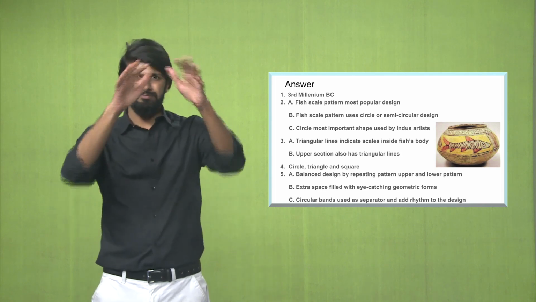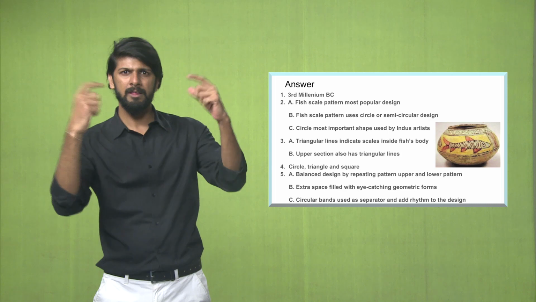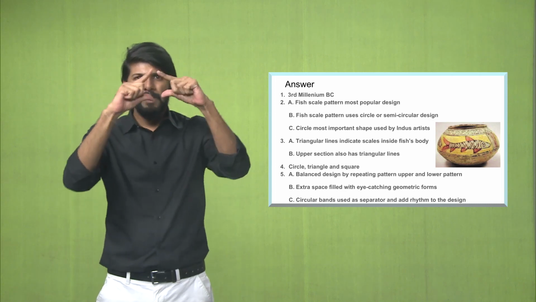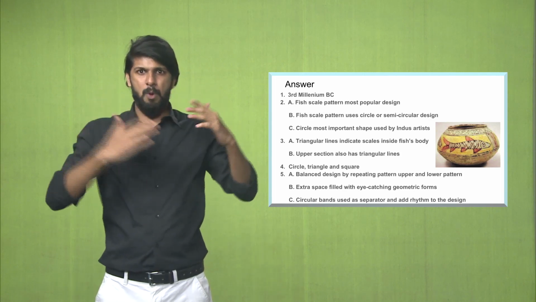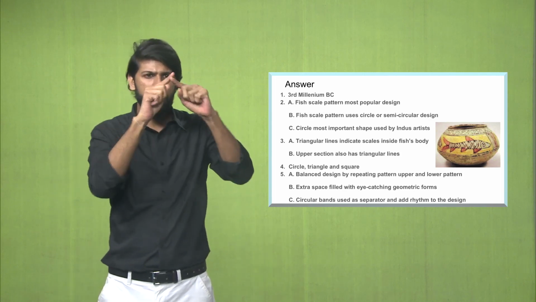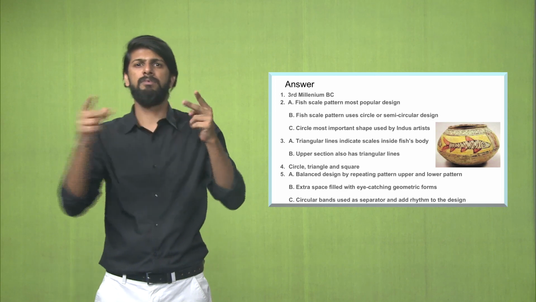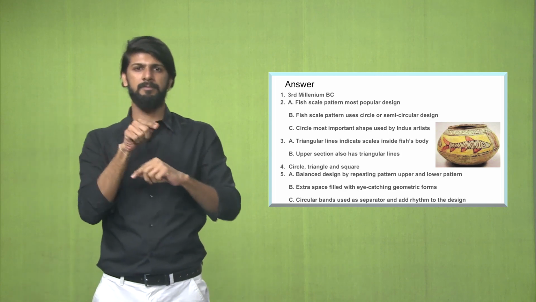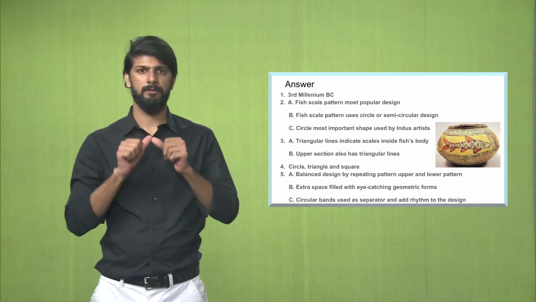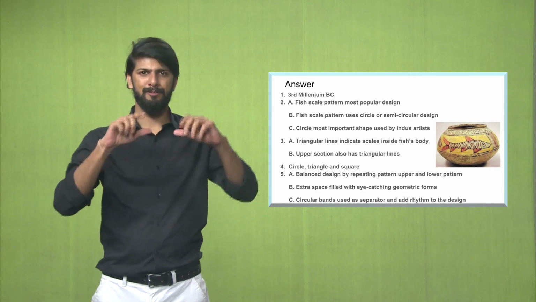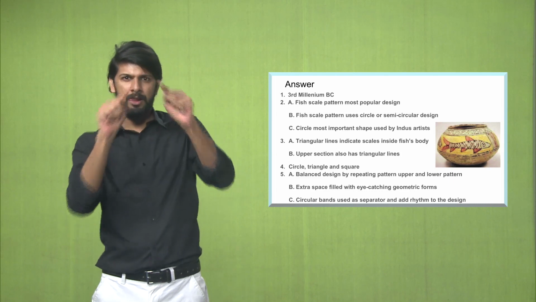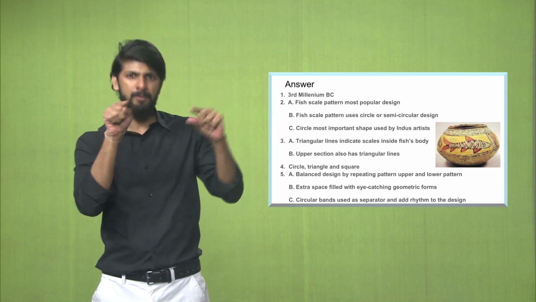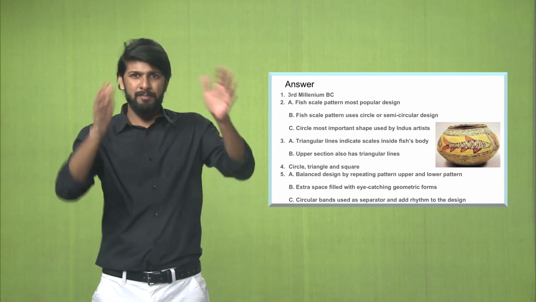Answer number 3, point A. The triangular lines indicate scales inside the fish's body. Second point, B. Upper section also has triangular lines.